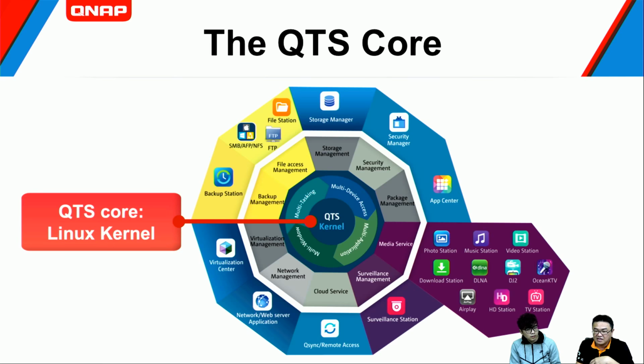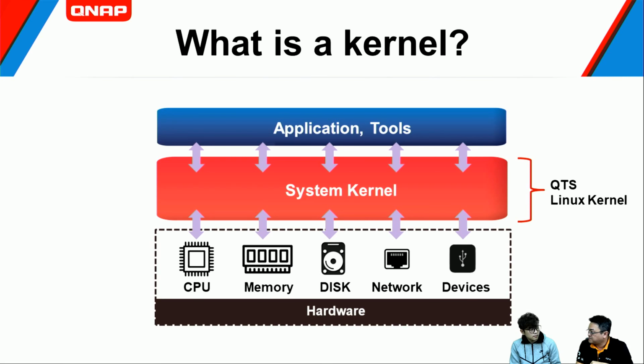For the next slide, we'll talk about what the kernel is. At the top is the application layer, like File Station, Video Station, and Download Station. If you want to access these applications, you need to go through the system kernel.